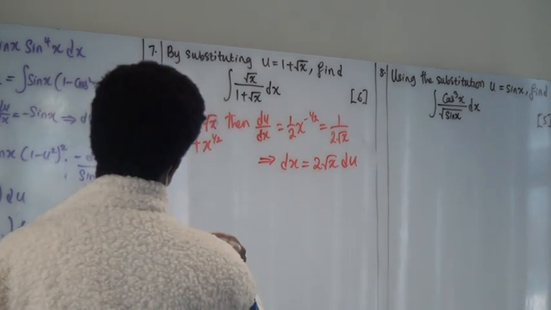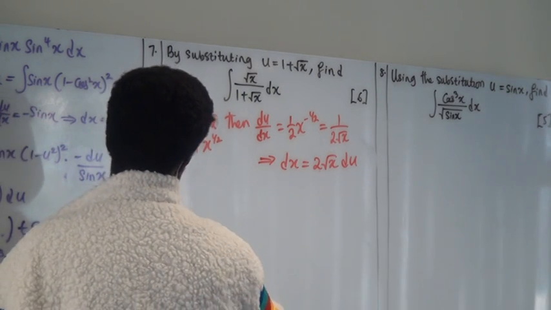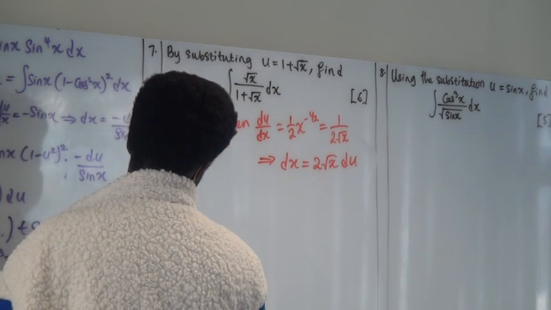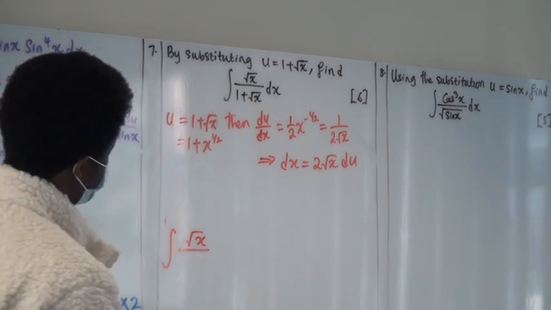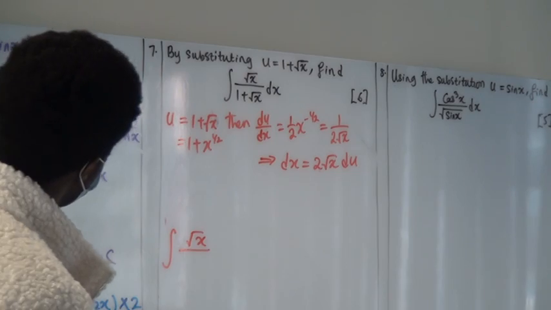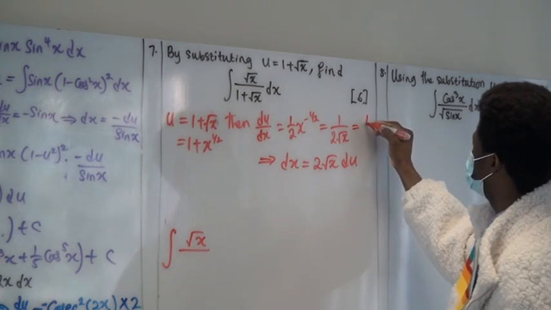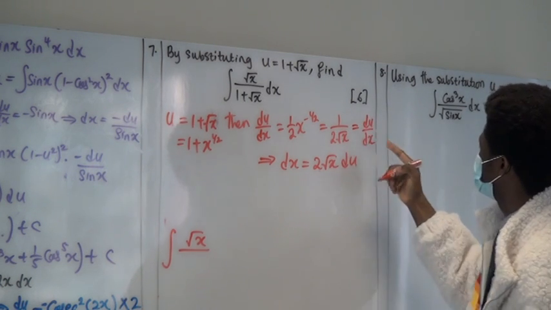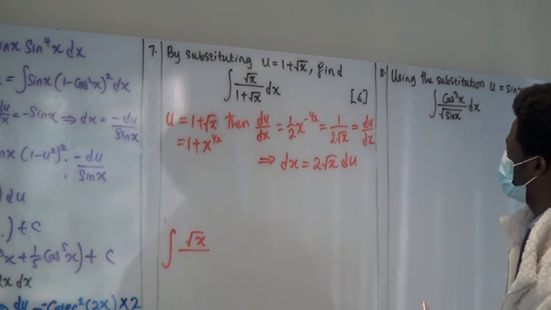Let's see the original problem, square root of x. Isn't it 2 root x over, no. This is du over dx, right? Oh yeah, I didn't put that part again.